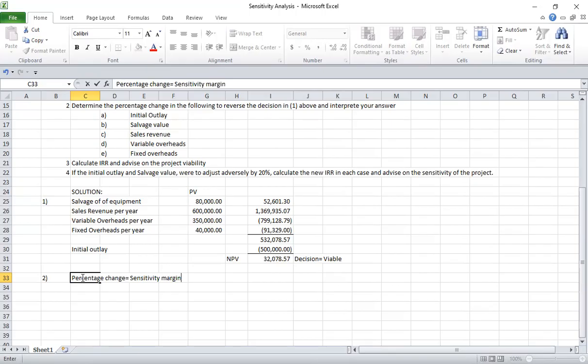So we are looking for the percentage change or the sensitivity margin of cost to reverse the decision in part 1.